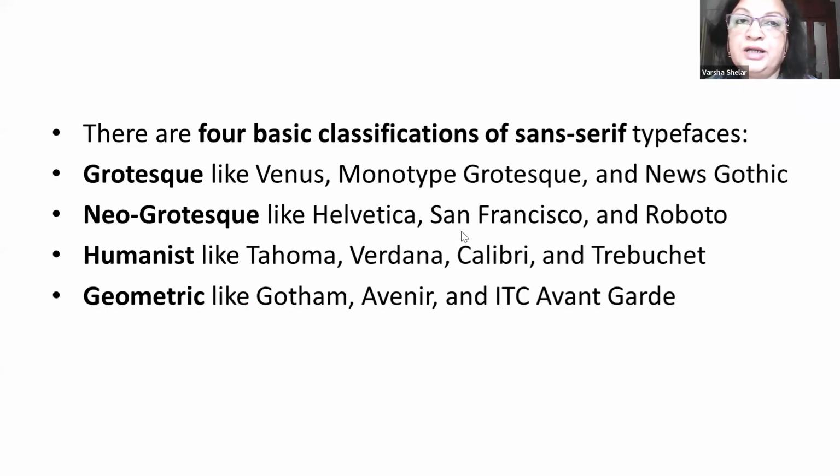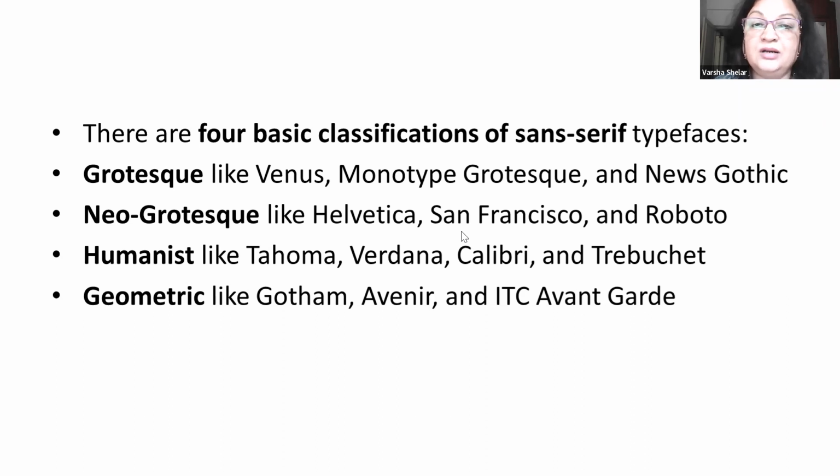In this also there are 4 basic classifications of sans-serif typefaces: grotesque, neo-grotesque, neo is new, humanist, and geometric. Now I'm sure you are quite familiar with some of these, like Tahoma, Verdana, Calibri, Helvetica, right? Because I'm sure you use them, you have them on your computer, laptops anyway.